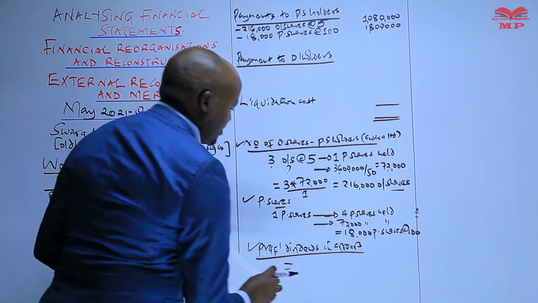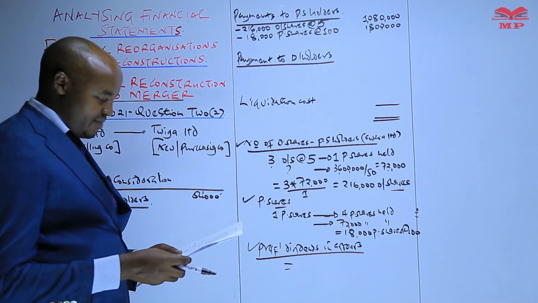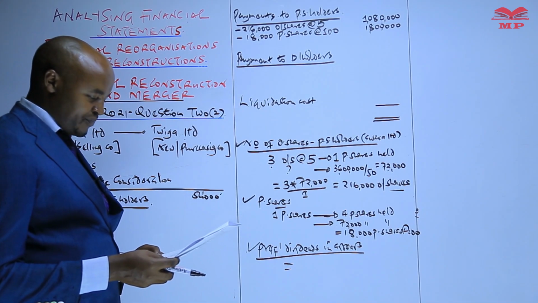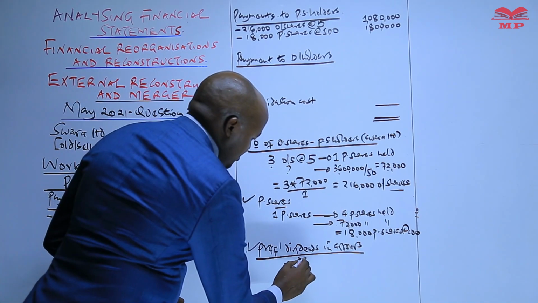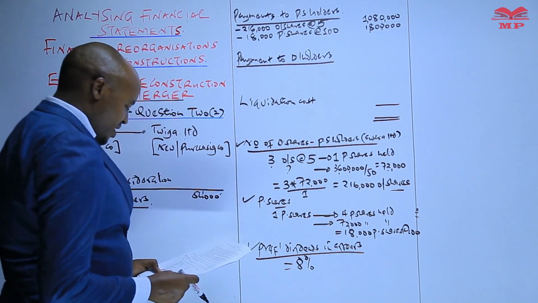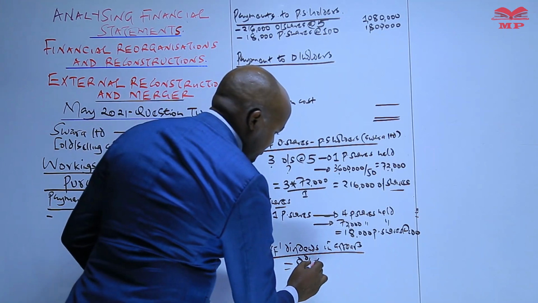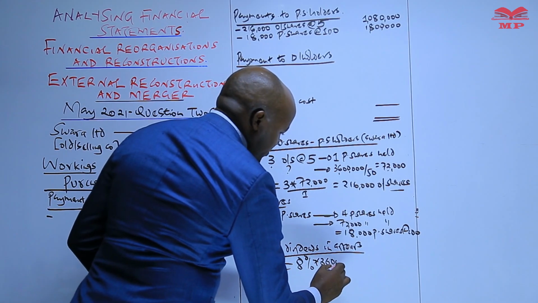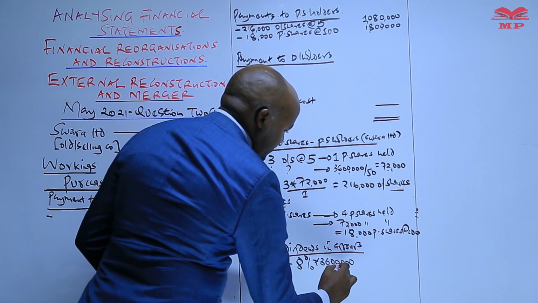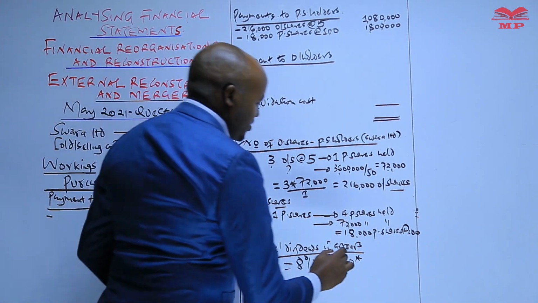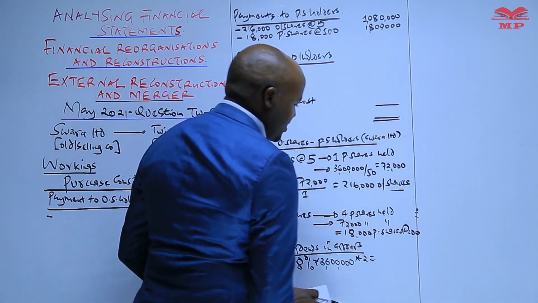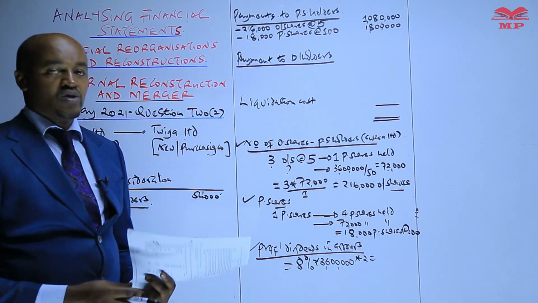How do we compute these preference dividends in arrears? We go back to the statement of financial position of Swara, specifically under equity, and we can see the preference shares issued by Swara were 8%. So the preference dividends to be paid by that company annually would be 8% of 3.6. That will give us the dividends per year. And because we are told those dividends were 2 years in arrears, we multiply that with 2.